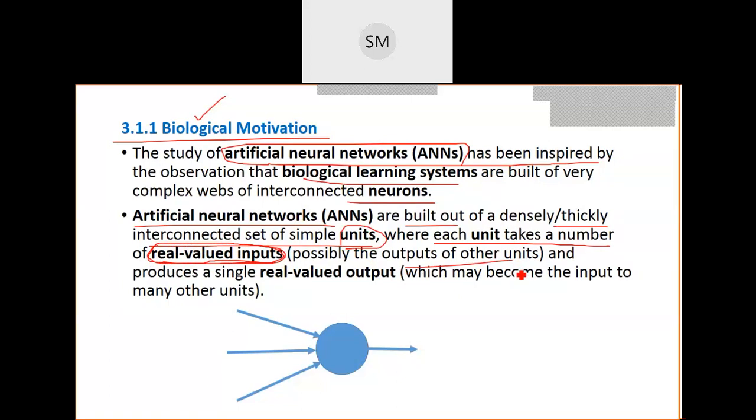Then these inputs will be outputs of the units in the previous layer, and the unit produces a single real valued output. Again, that output may be input to the units of the next layer.